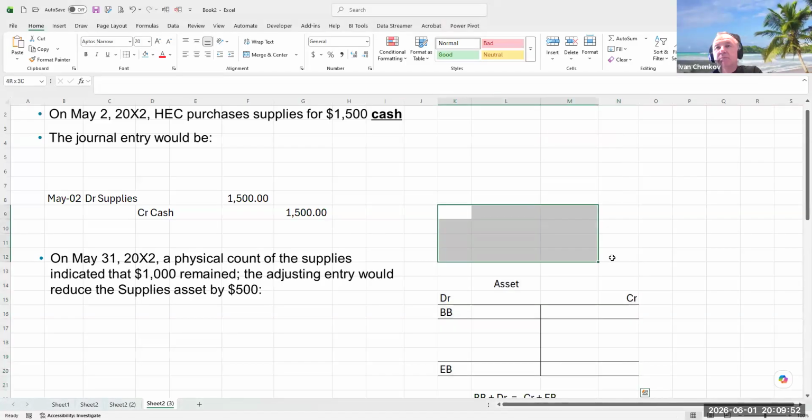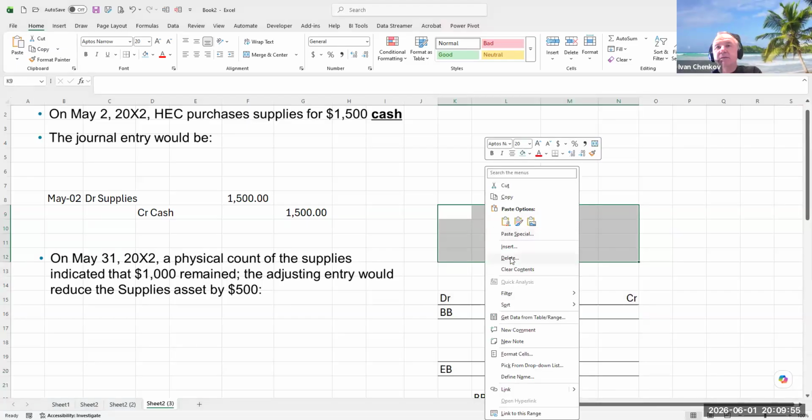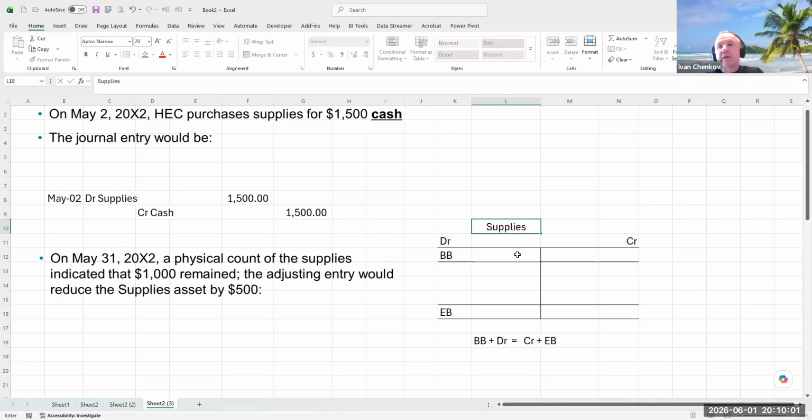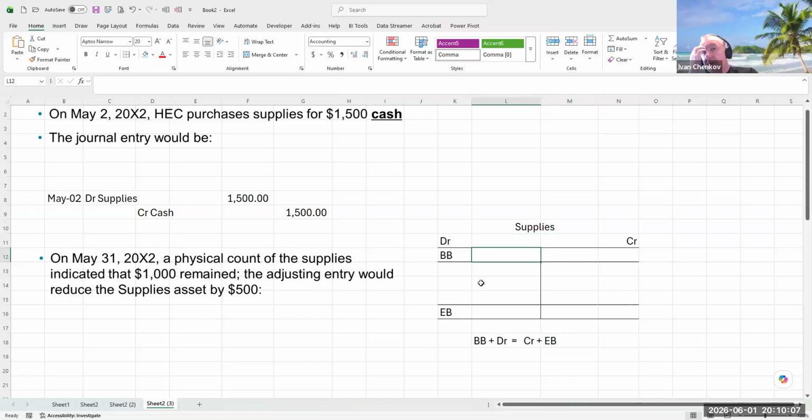So we have our asset account, which in this case is supplies, which is still an asset account because the beginning balance is debit. Beginning balance on May 1st was zero. Then we purchased $1,500. At the end of the month, we checked the supplies and we found $1,000. How much supplies have we used? 500. Okay. Now we have to adjust this account, correct?